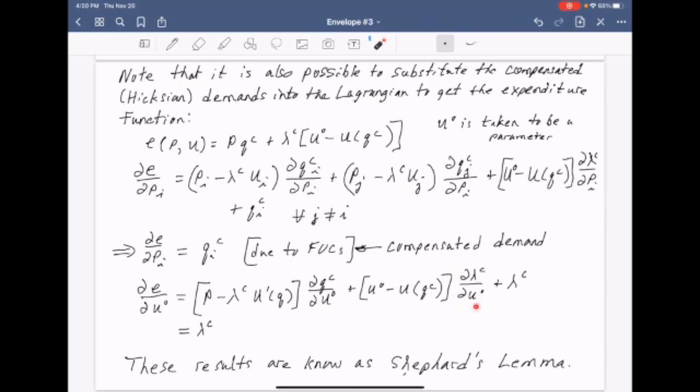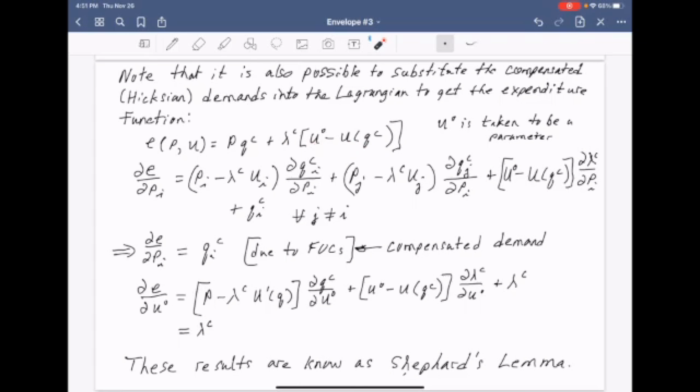Again, we have this result plus this lambda c comes out for the simple reason that we have this multiplied by this here, and we have one derivative of this one. So we have lambda c times u0.